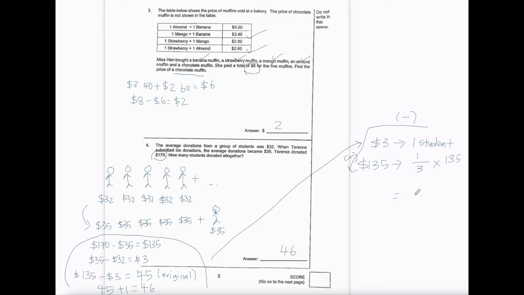Okay, use calculator, you're going to get 45 students. Okay, for those of you who still don't understand, this might be clearer for you. So then after that, just add the 1 because Terence is also a student. Okay, let's move on. Question 5.